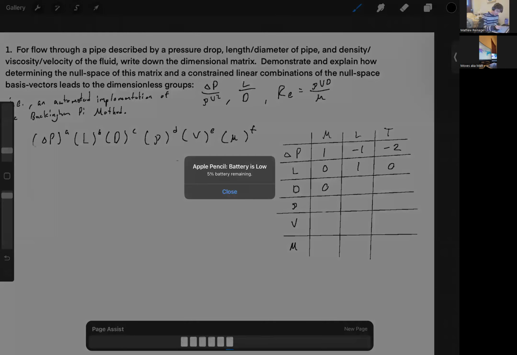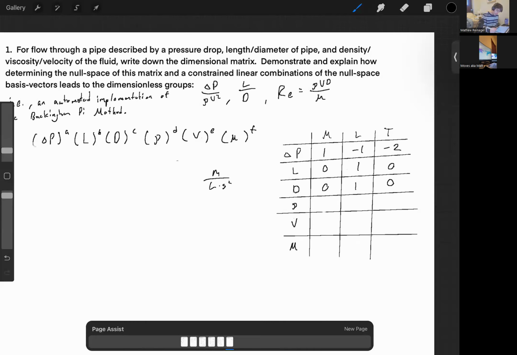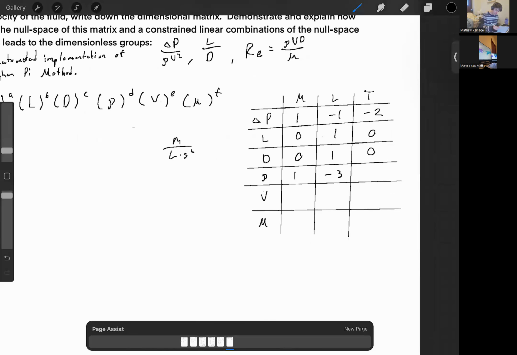Same thing for diameter, it's the same property. For density, that's going to be 1 mass, minus 3 length. For the velocity, that is meters per second, so that's going to be 1, -1. And then viscosity, that is mass per length per time.